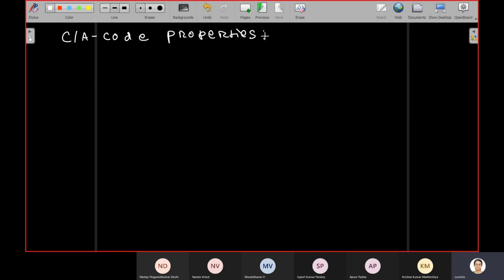This will help you understand how, using the code, it is possible to uniquely identify a satellite.